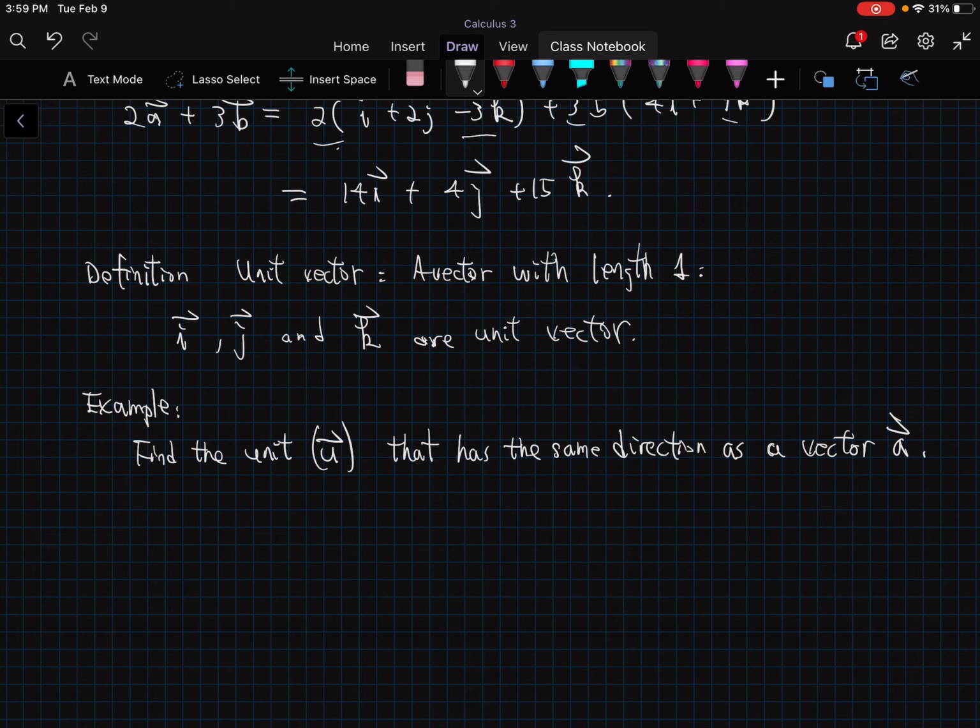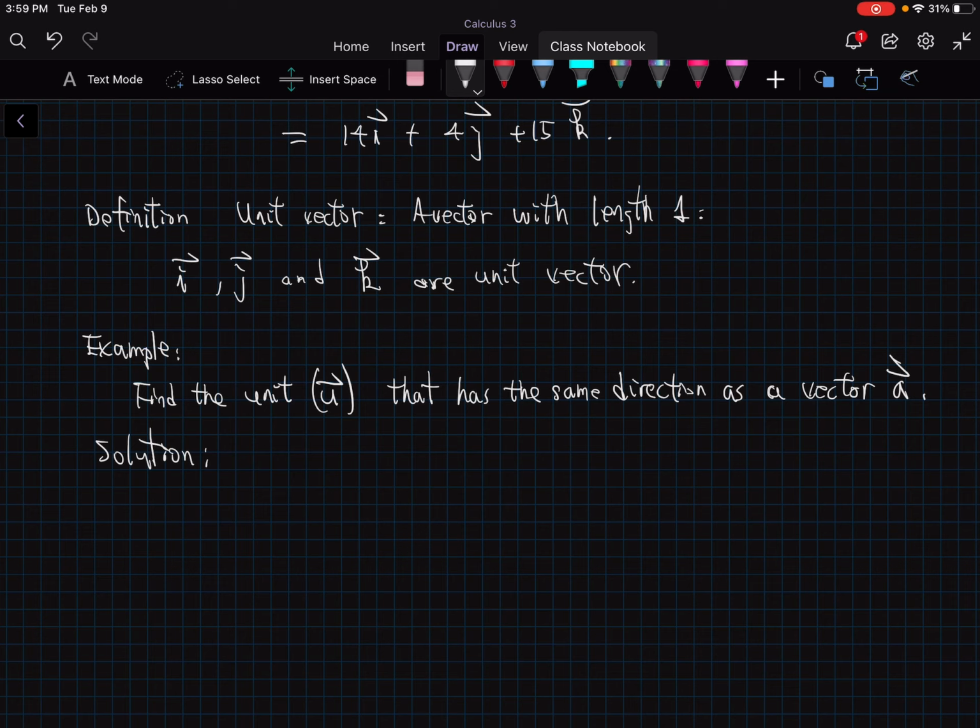Given any vector, I don't know how long it is. So the solution is this. Say you're given a vector A equals 2, -1, and -2. The length obviously is not 1. How can I find a unit vector U with the same direction and its length equal to 1?